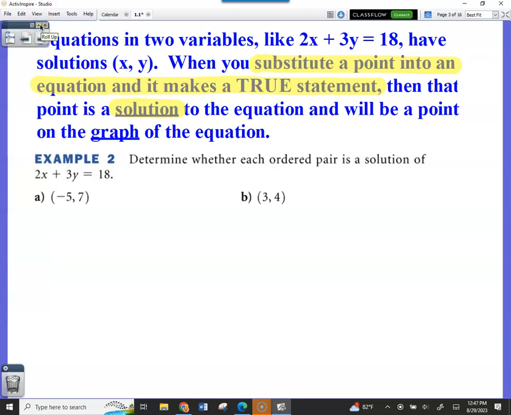Please go to this example. It says determine whether each ordered pair is a solution to the equation, and please verify yes or no. Show your work.